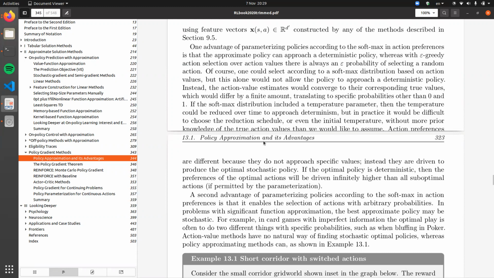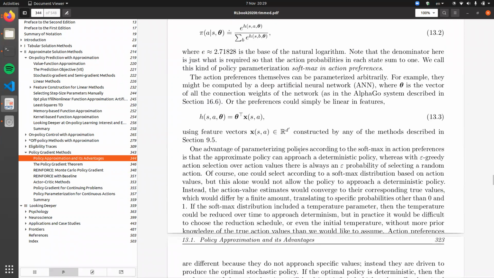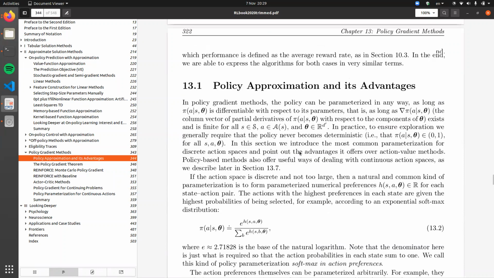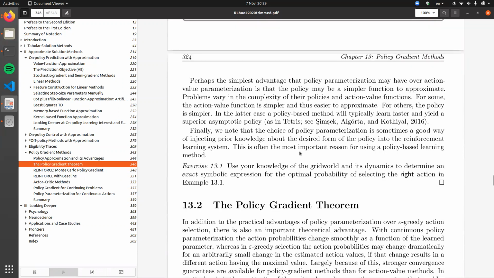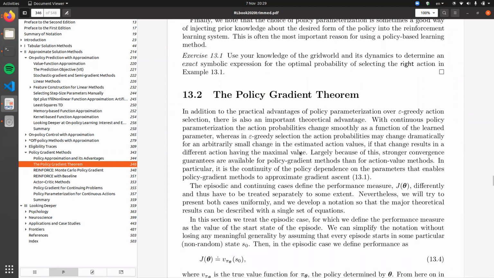From that, we can conclude that depending on the task, approximating the policy directly can be beneficial compared to approximating state values or action values. And that is a motivation to try policy gradient approaches.